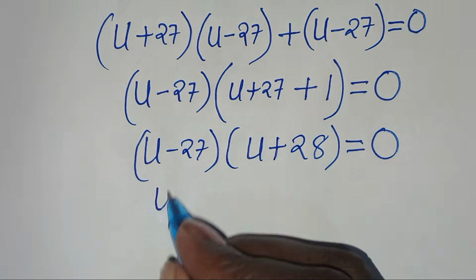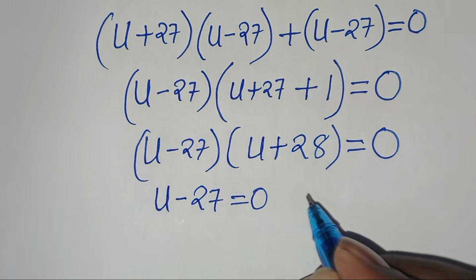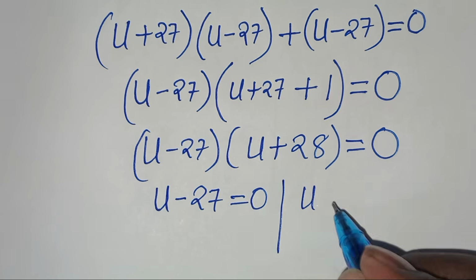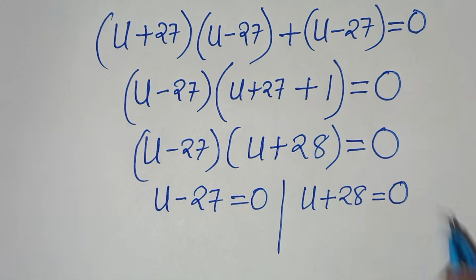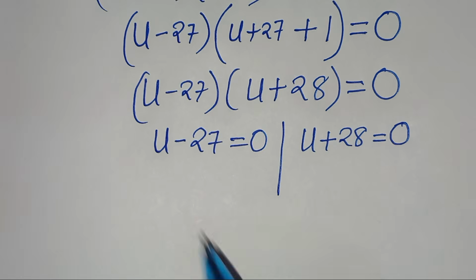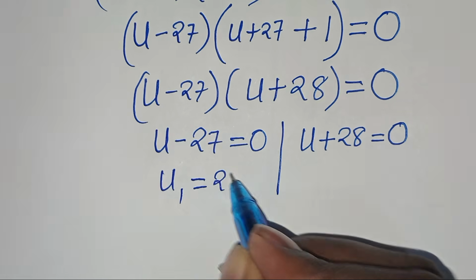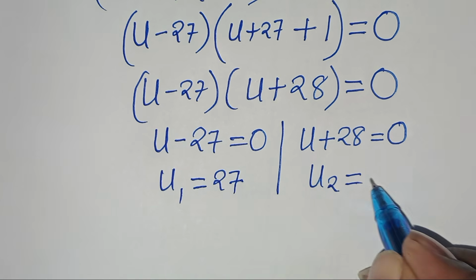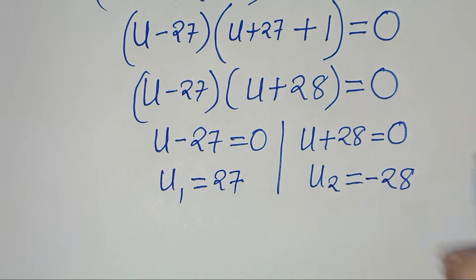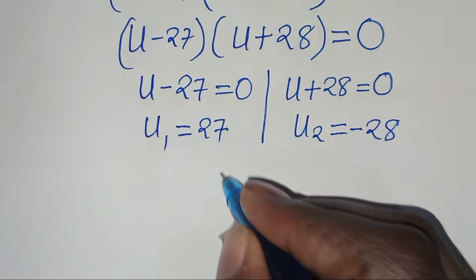We have u minus 27 equal to 0, then we have u plus 28 equal to 0. This means that u1 is equal to 27, and u2 is equal to negative 28.